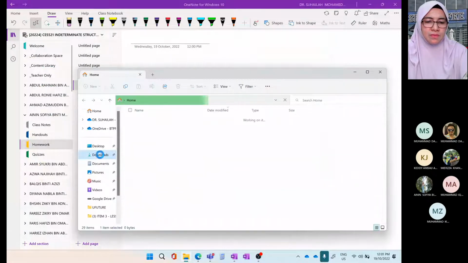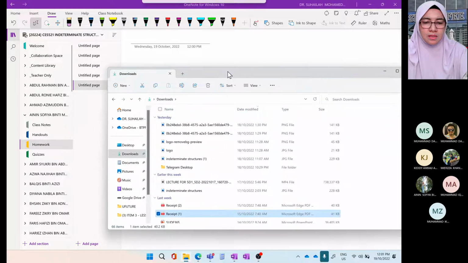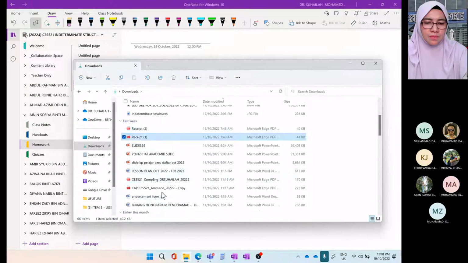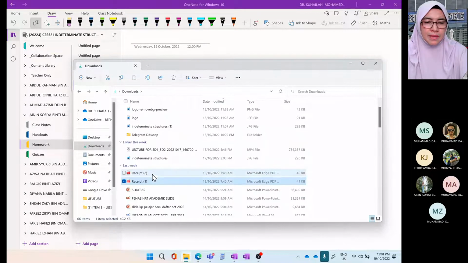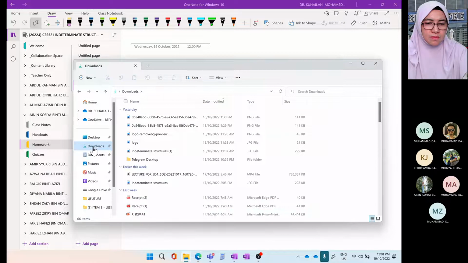Kejap, pergi dekat download. Ini for example. Mana PDF tadi? Tadi saya save kat mana tadi tu?